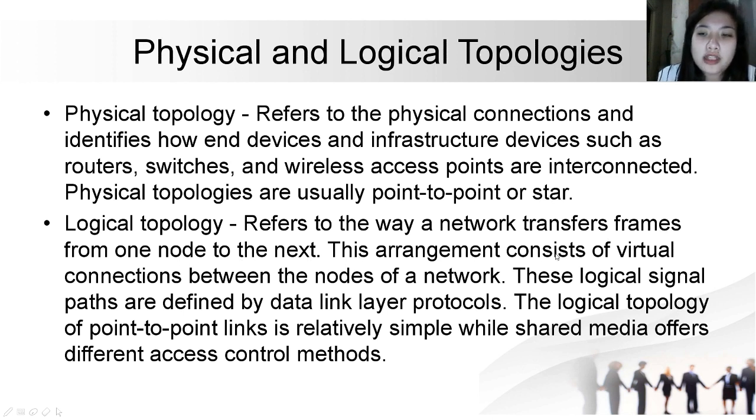This arrangement consists of virtual connections between the nodes of a network. These logical signal paths are defined by data link layer protocols. The logical topology of point-to-point links is relatively simple, while shared media offers different access control methods.